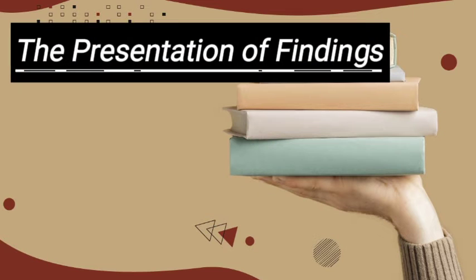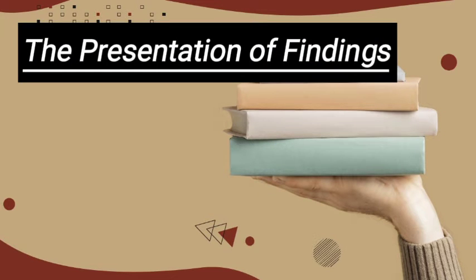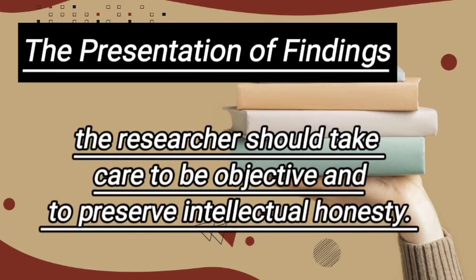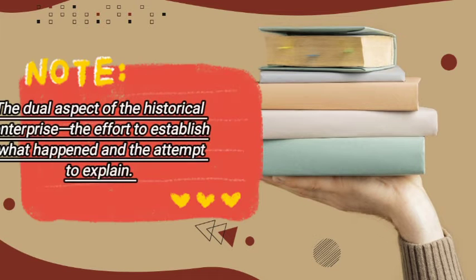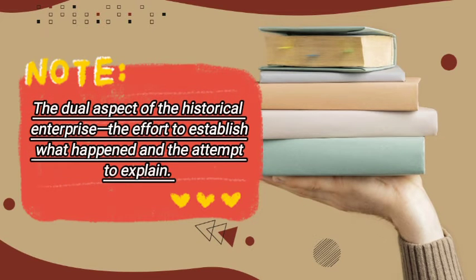The presentation of findings. In writing the historical report, the researcher should take care to be objective and to preserve intellectual honesty. The dual aspect of the historical enterprise, the effort to establish what happened and the attempt to explain why things happened in the way they did, explains the twofold task in historical writing. 1.